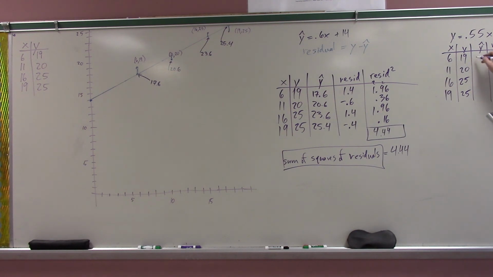All right. 18.3, 5. 5.45. Is that right? Sure. Okay, so this is 0.7.